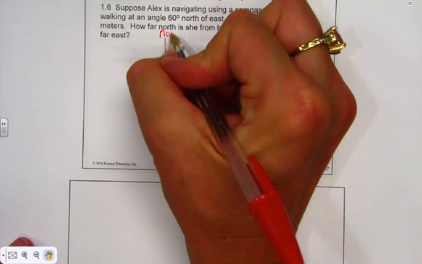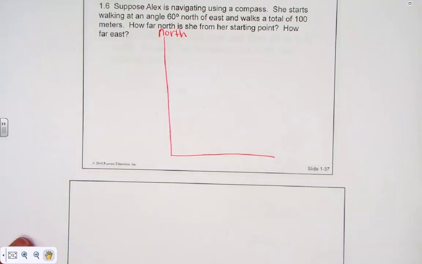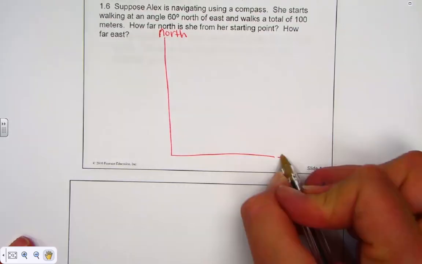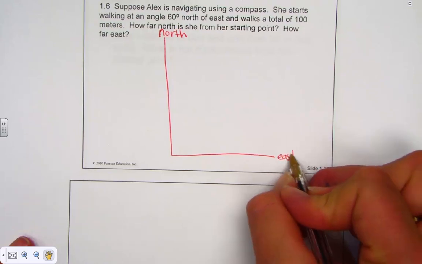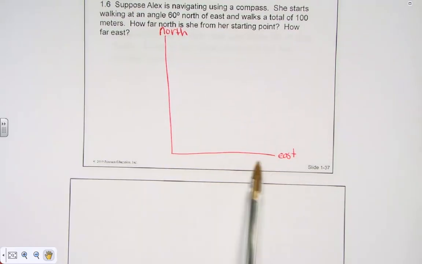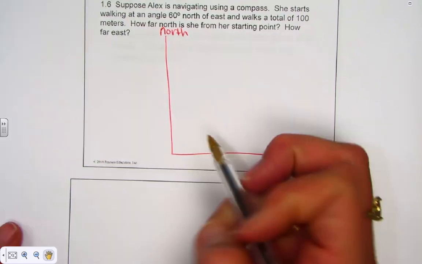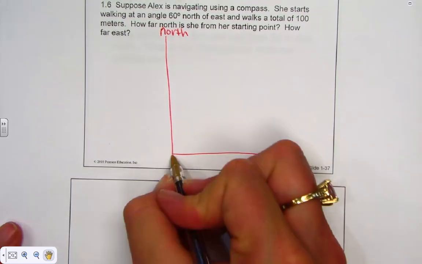Heading due north is straight up, on our xy axes. Heading due east is heading straight to the right direction on our x-axis. We'll call the point of origin the 0, 0 mark.